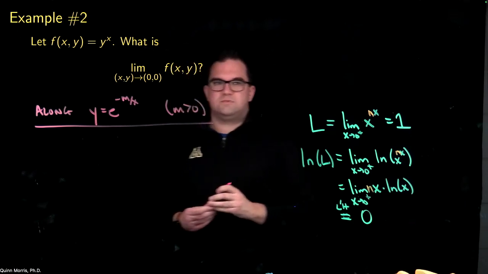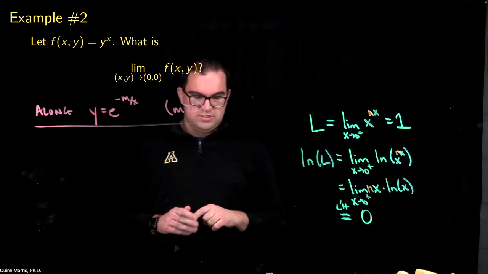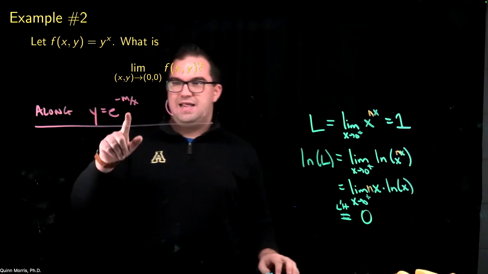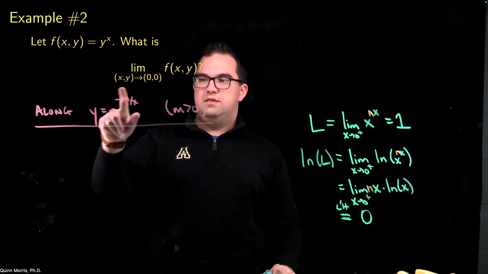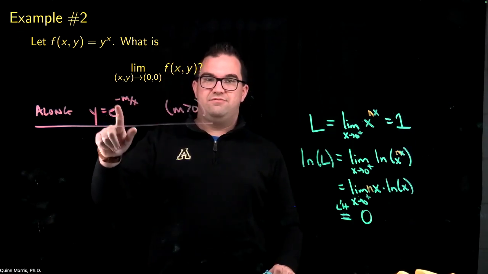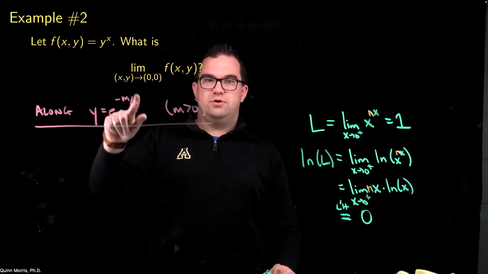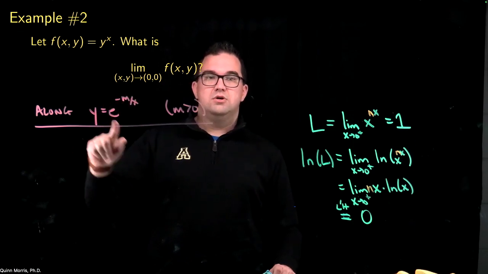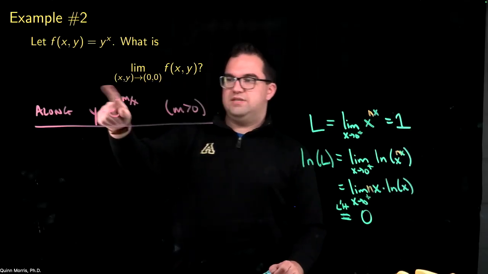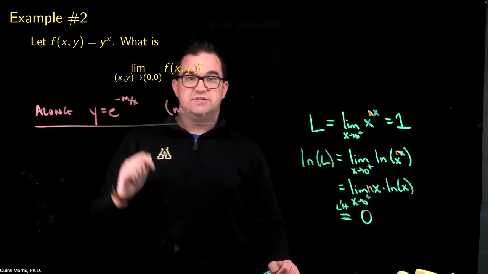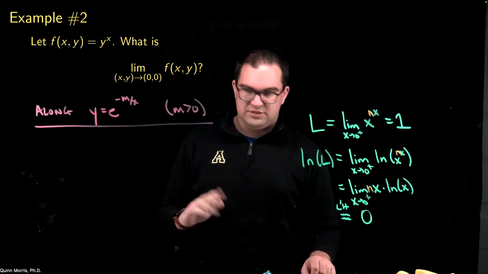And I say, okay, well, what's going on here? Well, first, let's make sure, right, as x goes to 0, this exponent is going to go to minus infinity. E to the something that's going to minus infinity goes to 0. So as x goes to 0, this path is taking us to 0, 0. Okay, so that's the first thing we need to check.